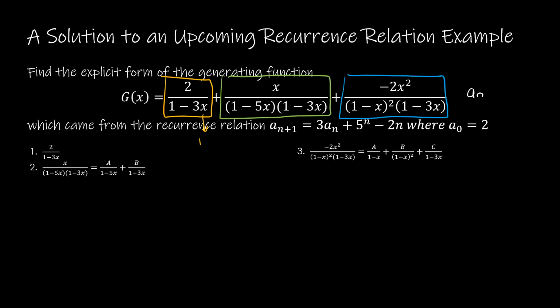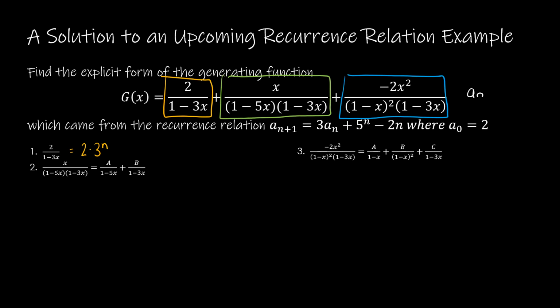We know if we have 1 over 1 minus 3x, then I can write that a sub n is going to be 3 to the n. So that's what this is, except it's multiplied by 2. So 2 times 3 to the n. That one didn't require any work. I didn't break a sweat. All I had to do was know that knowledge that we built previously.